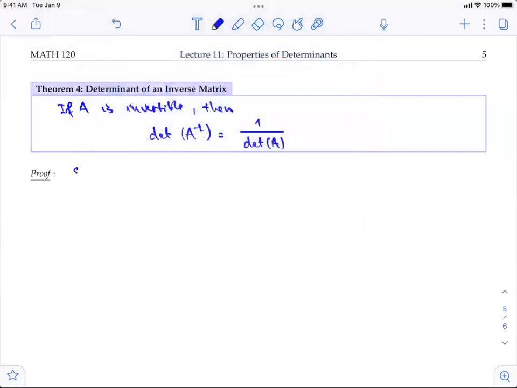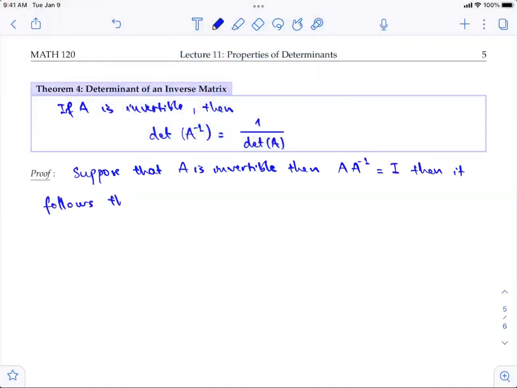So suppose that A is invertible, then you can have that A times A inverse is equal to the identity matrix of the same size as A. Then it follows that the determinant of A inverse times A is equal to the determinant of the identity matrix.